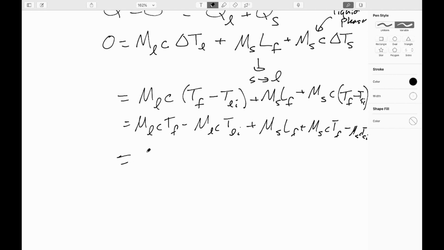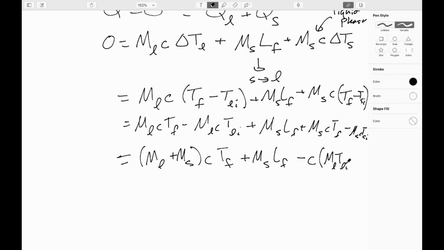So we will have M_L plus M_S times C T_F, combining these two terms, plus M_S L_F. Then we'll have minus for both of these terms. There's a C in common, and that's it: M_L T_LI plus M_S T_SI.